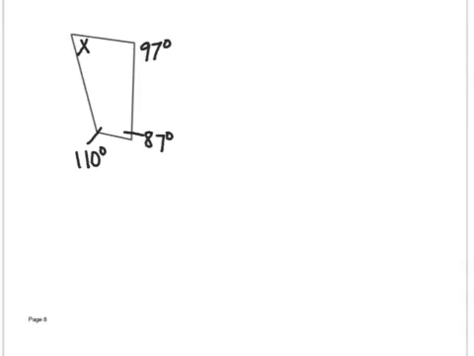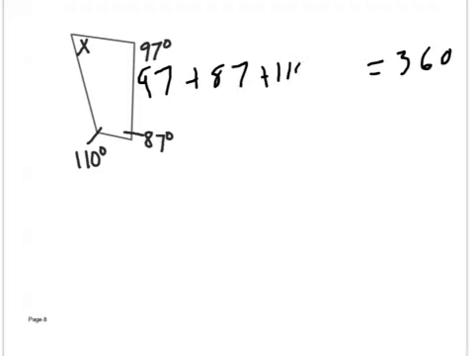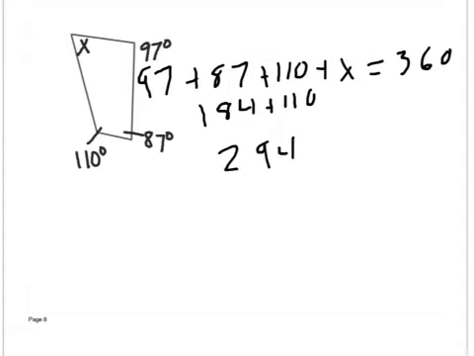So here's a quadrilateral. We need to find X. We know all the angles add up to what? 360. It's a quadrilateral, so they all equal 360. So we need to take 97 plus 87 plus 110 plus X, and it all equals 360. 97 and 87 is going to be 184. 184 plus 110 is 294.